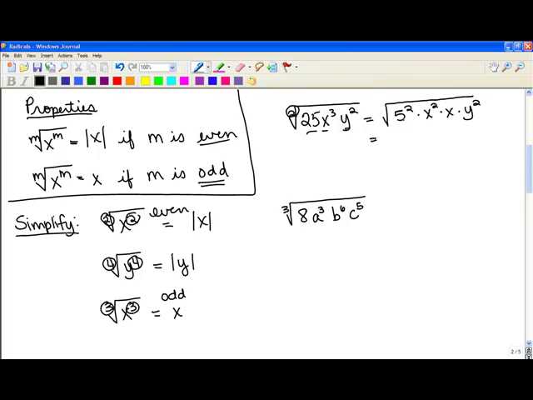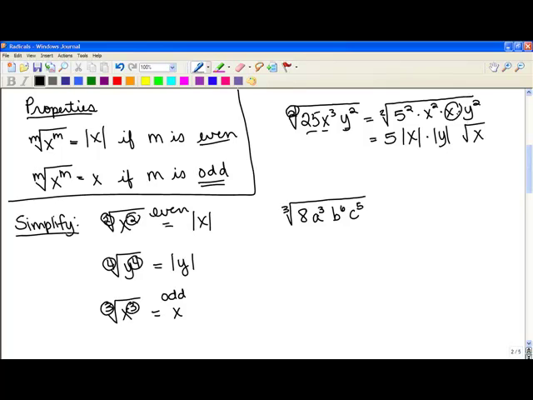So if we look at this, 5 squared, taking the square root of this would be just 5. Taking a look at x squared with a square root, that will give you the absolute value of x. We'll leave this x here, and then the y squared with the square root will give you an absolute value of y.